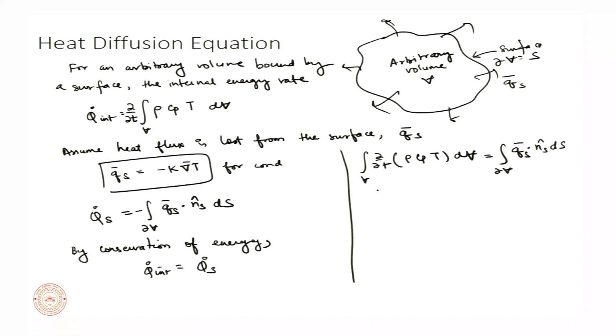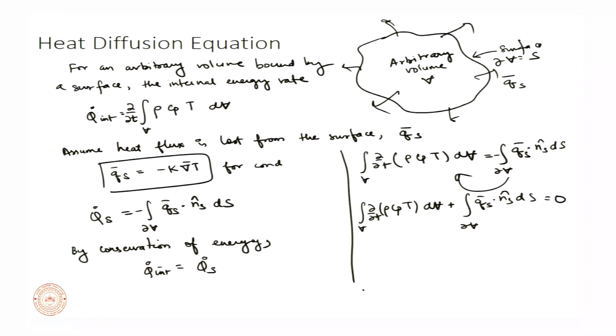We have a negative sign over here, just to be aware. We can bring this to the left. So, integration over volume del by del T of rho Cp T dV plus integration over surface, let us write del V, of q vector s dotted with surface normal ds equals 0.